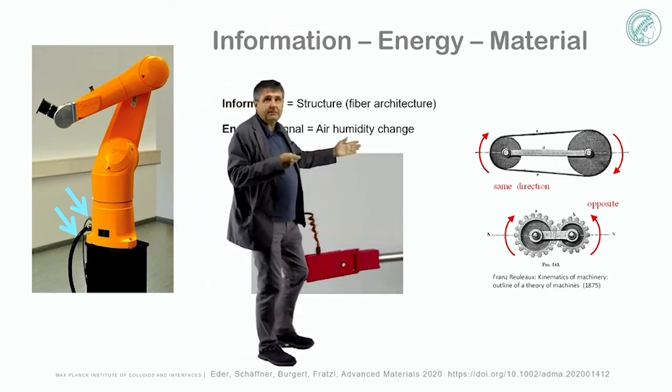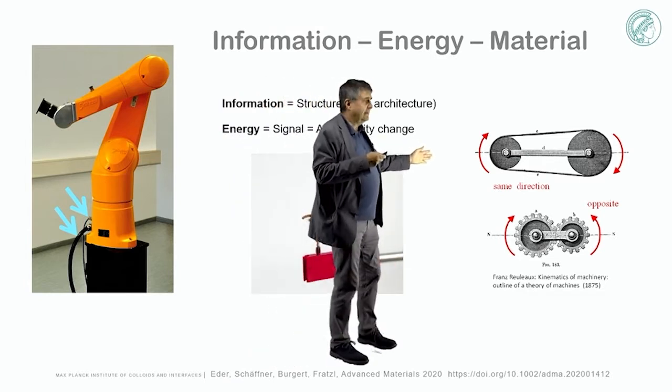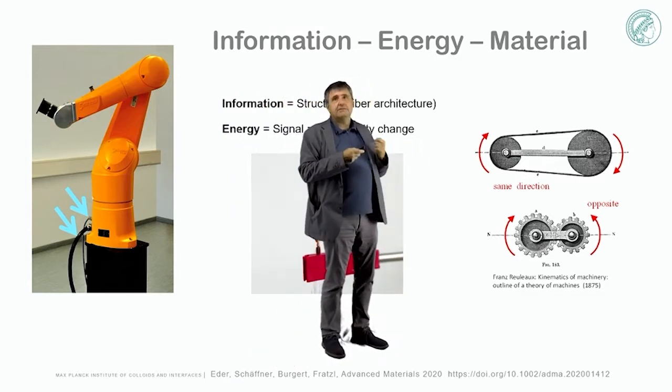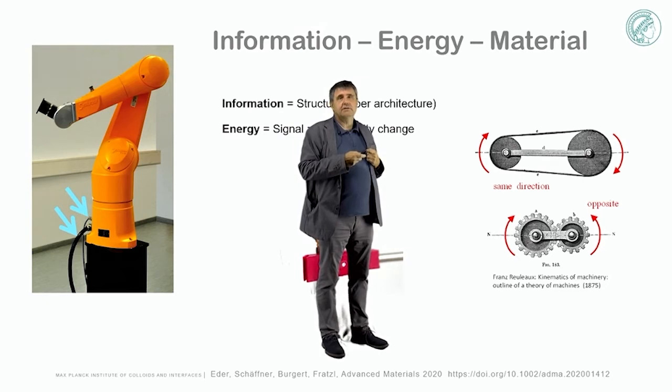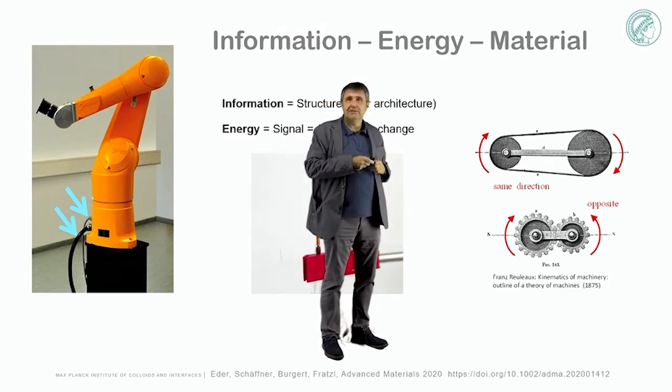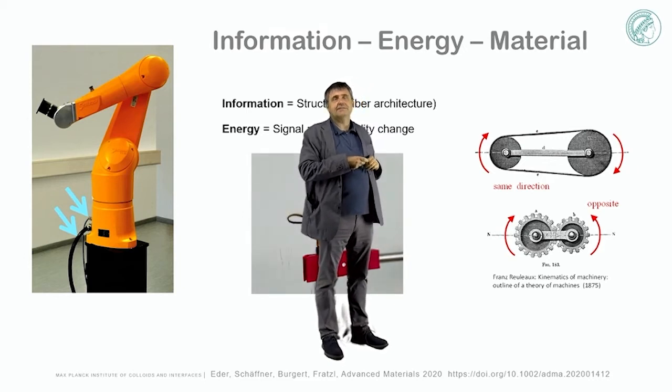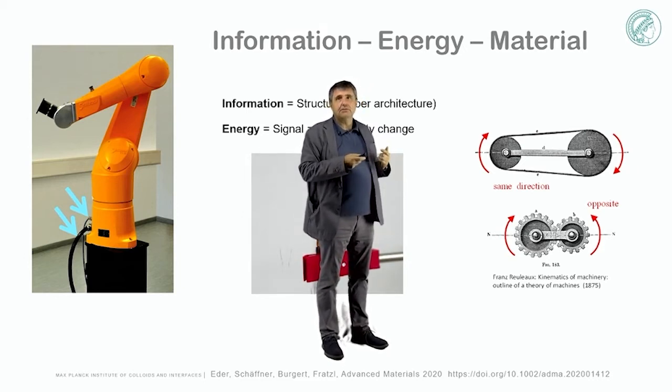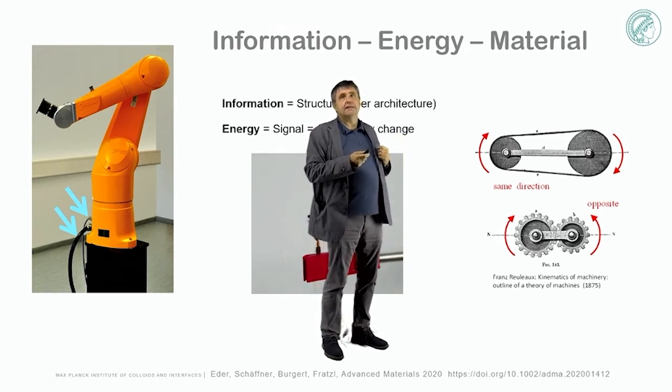And this brings me to the last image on this slide here. This is from a textbook from the 19th century, from the Technische Hochschule Charlottenburg, the actual TU Berlin, from Fratzl. And it shows two machine elements.